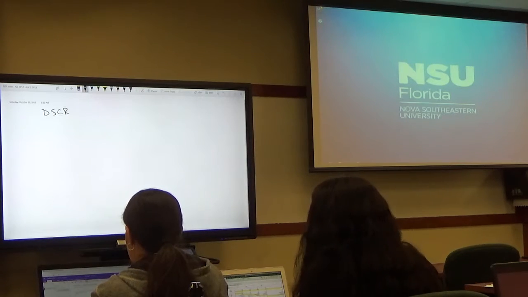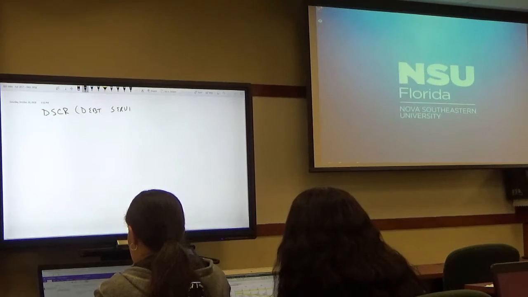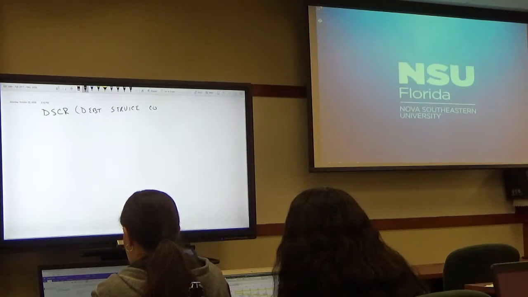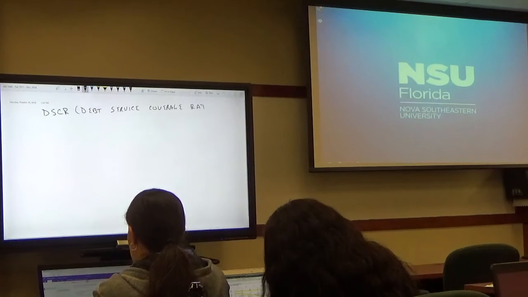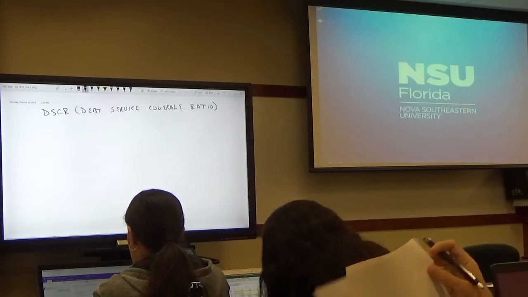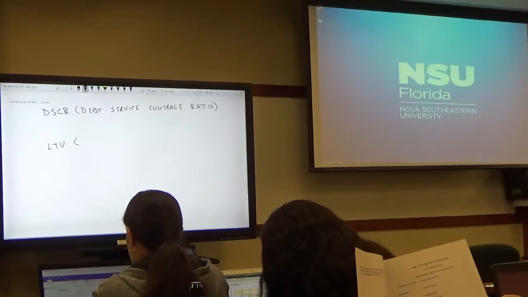They look at something called a debt service coverage ratio. And they also look at the loan-to-value ratio.